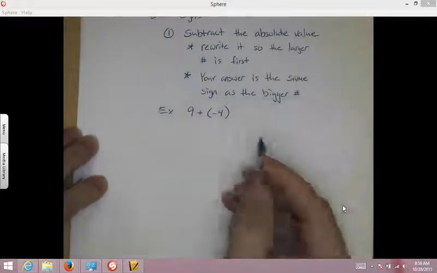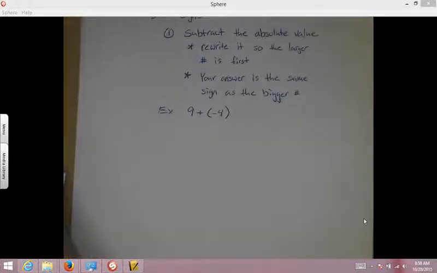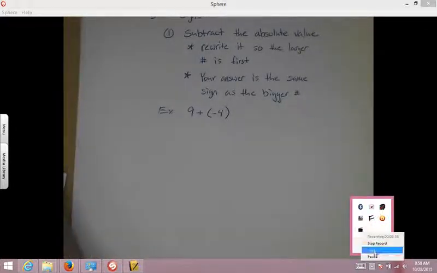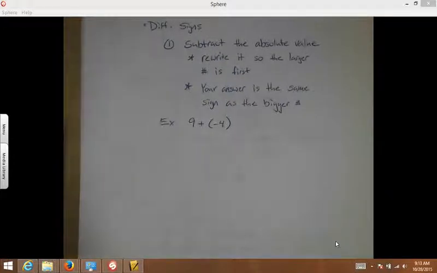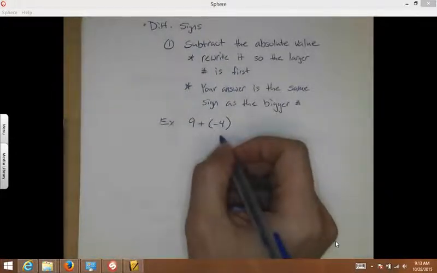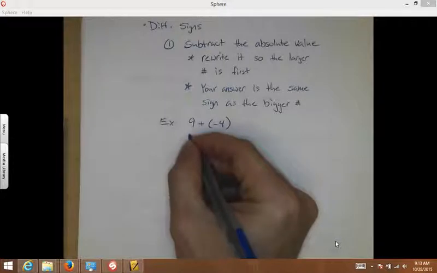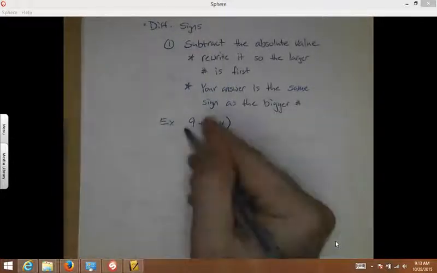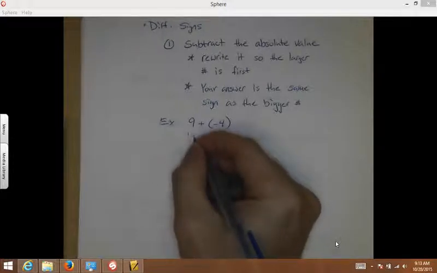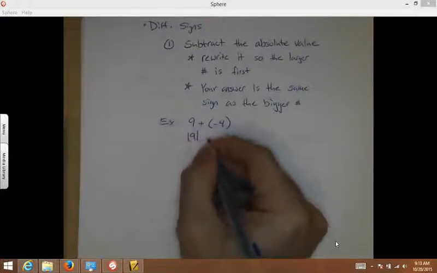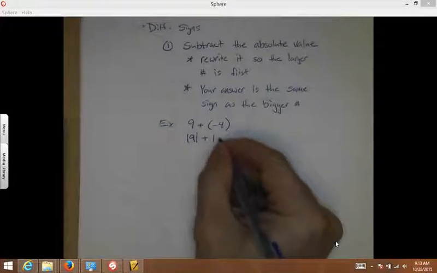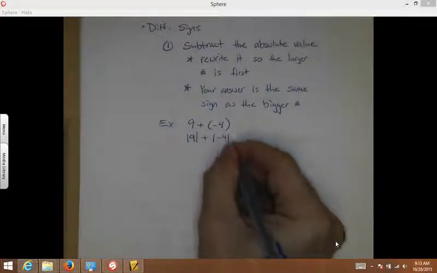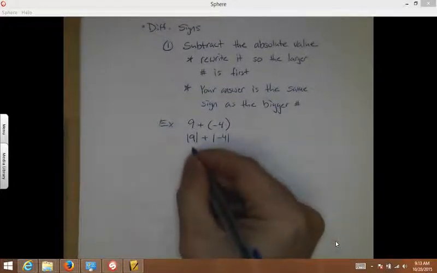So, first thing I do, we've got the absolute value of 9 and the absolute value of -4. Absolute value of 9 is 9.